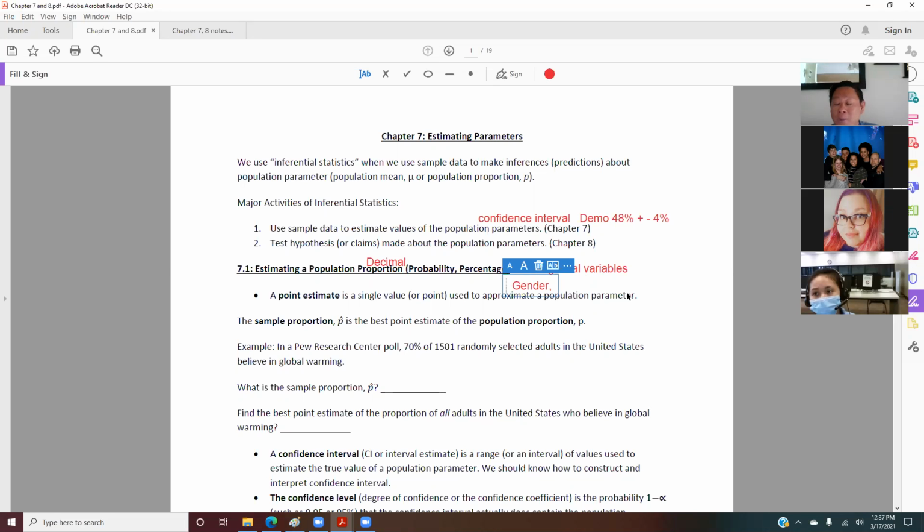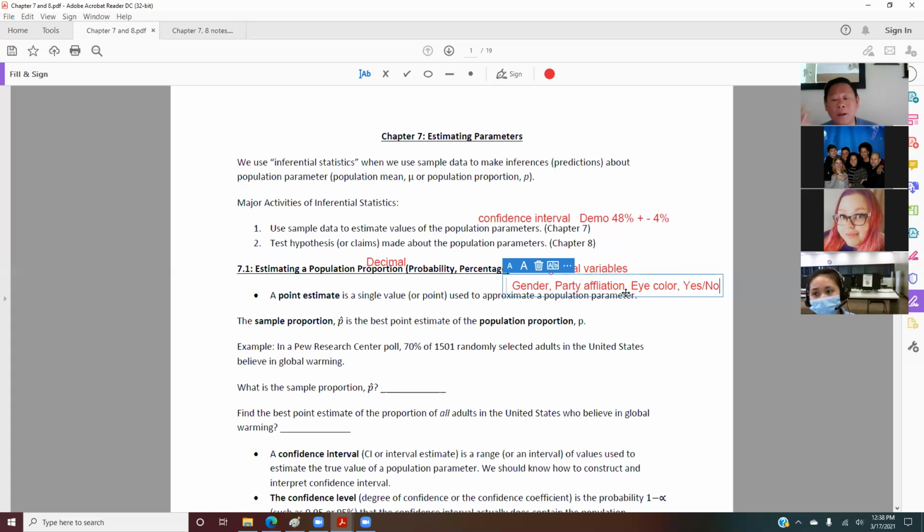Like your party affiliation, like Democrat, Republican, Green, Independent, and so on. You only pick one of those. Any color, like eye color, hair color, color of skin, yes, no.